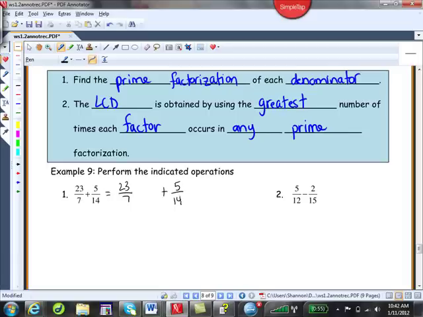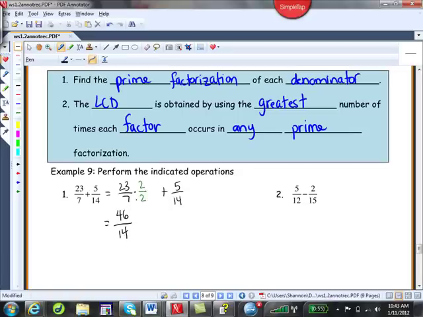So do you see, if we multiply 7 by 2, we'd get 14. And then we have to pay for that by putting a 2 in the numerator. So our equivalent fraction, 23 times 2, is 46 over 14. That's equivalent to 23/7.